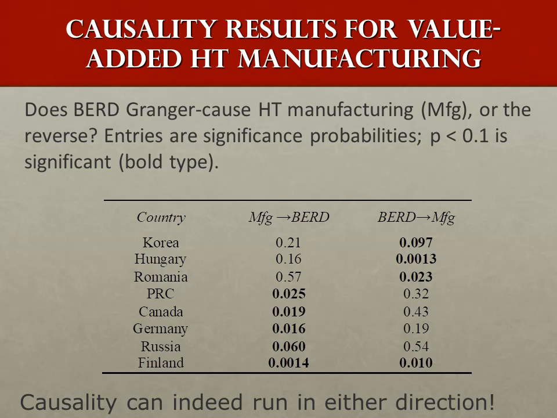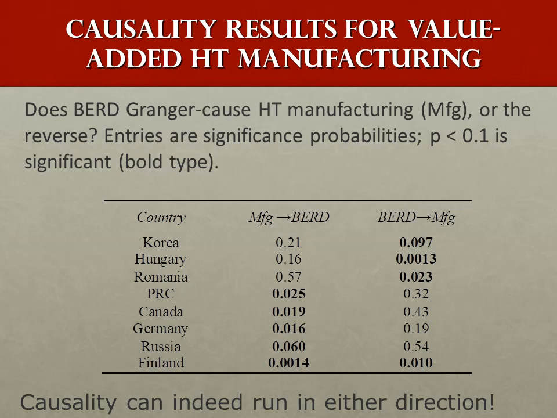On the other hand, there are other countries, the ones in boldface type on the left, the People's Republic of China, Canada, Germany, Russia, and Finland, where the opposite is true. Manufacturing provides the funds for business expenditures in research and development.